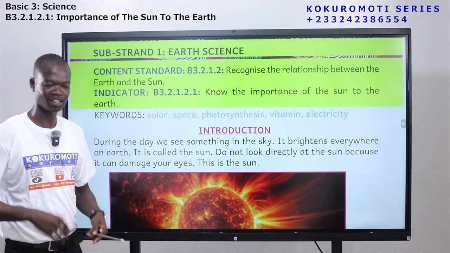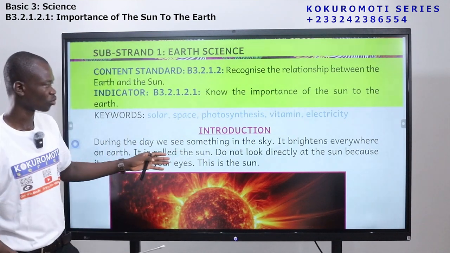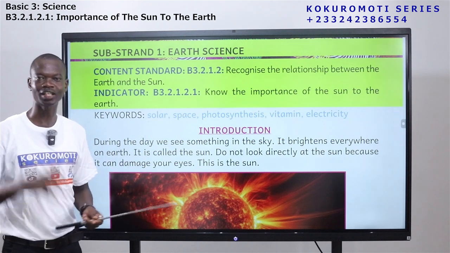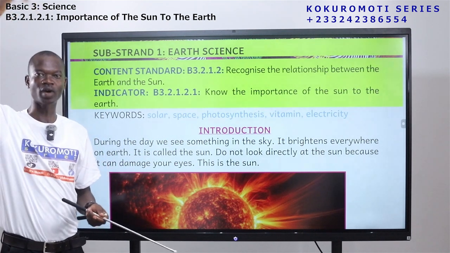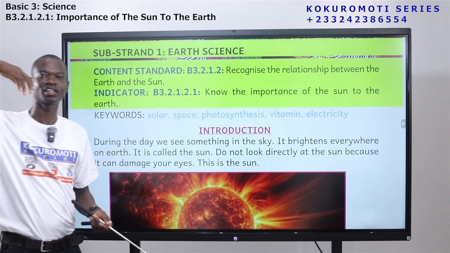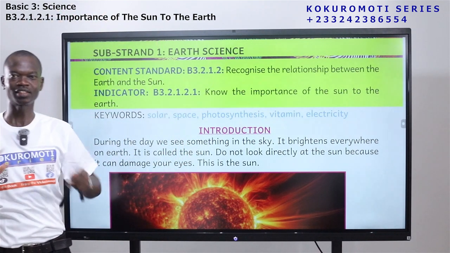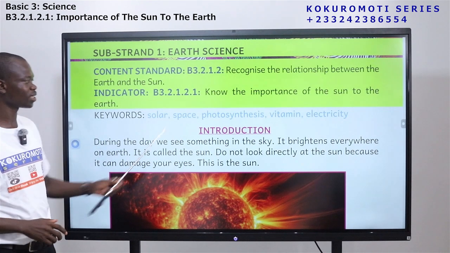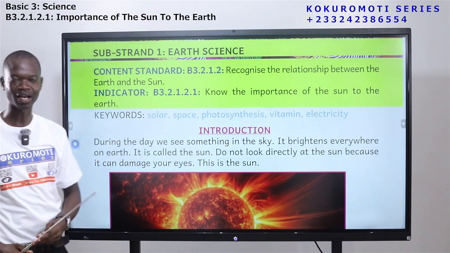Space in science, we have different ways of explaining it. But with respect to this topic, we are talking about after the atmosphere, where the sun and all the planets are. That space or that place is called space. Very good. So in space, we can find the moon, the stars, and other heavenly bodies.